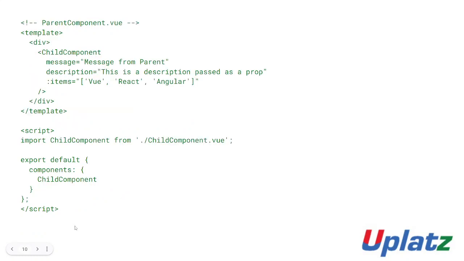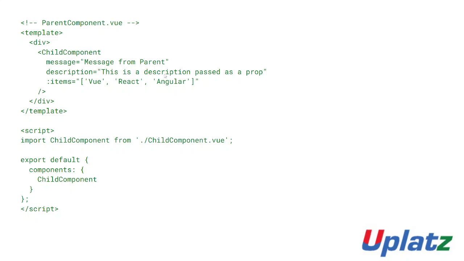Let's see the parent component.vue. Template tag, then div tag, then child component, message is equal to "message from a parent".